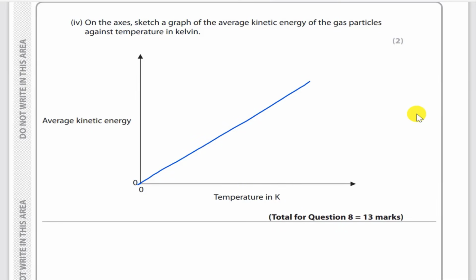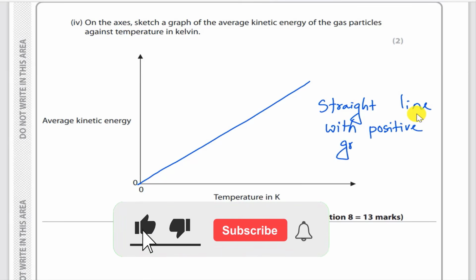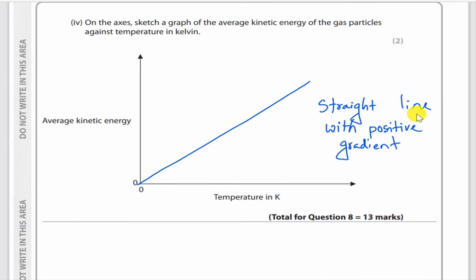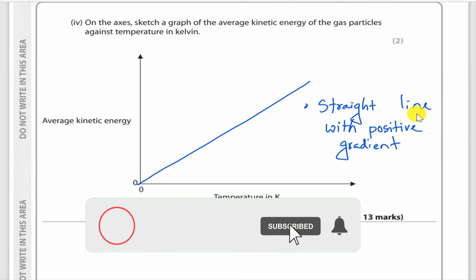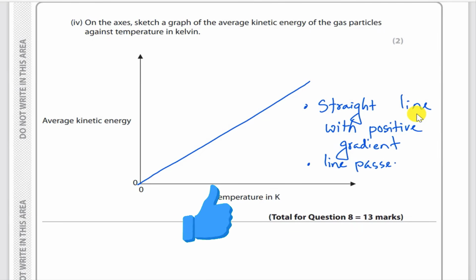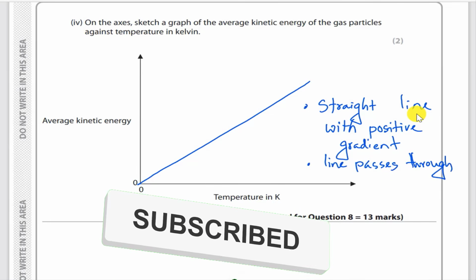So the answer will be a straight line with positive gradient. The line passes through the origin.